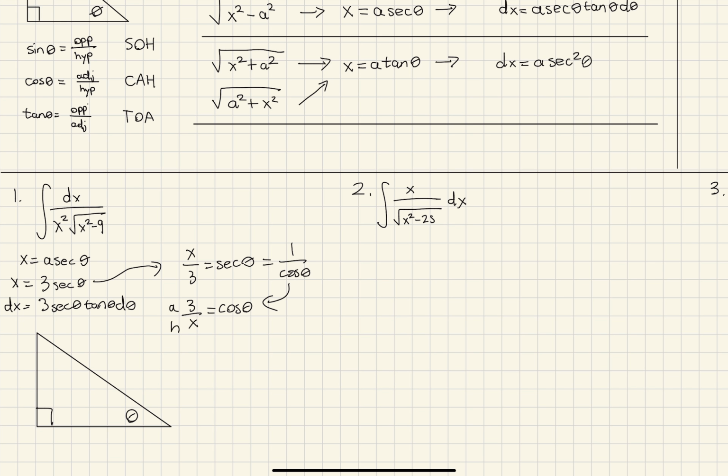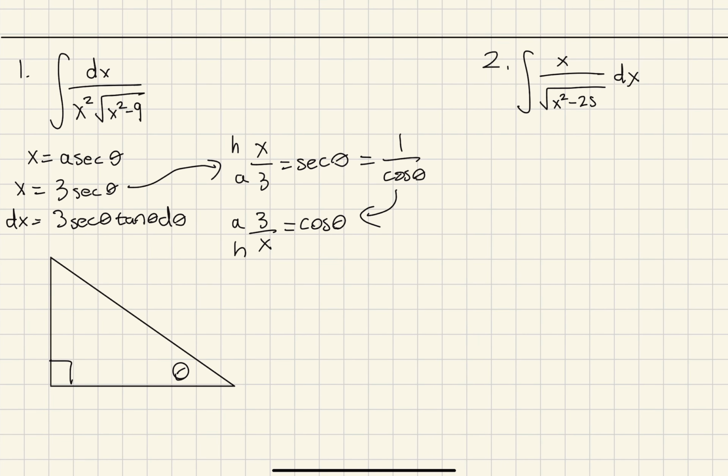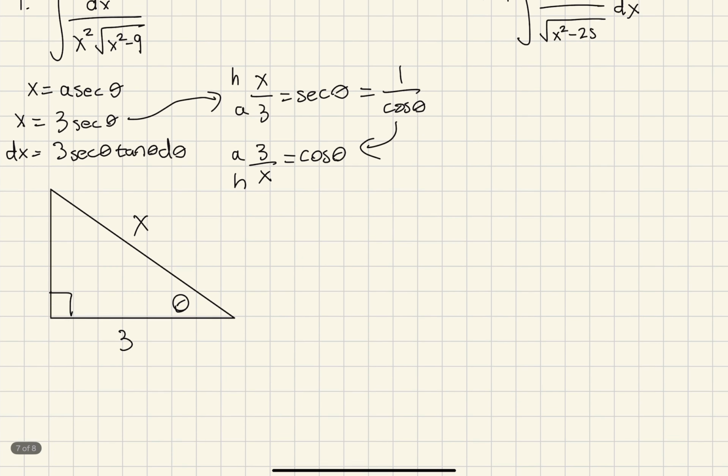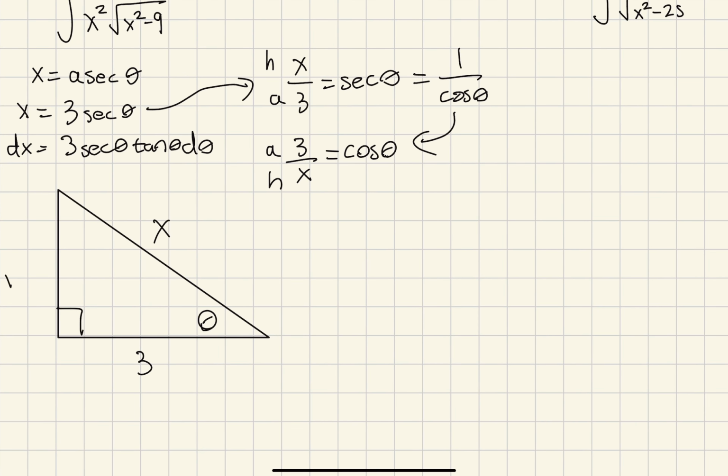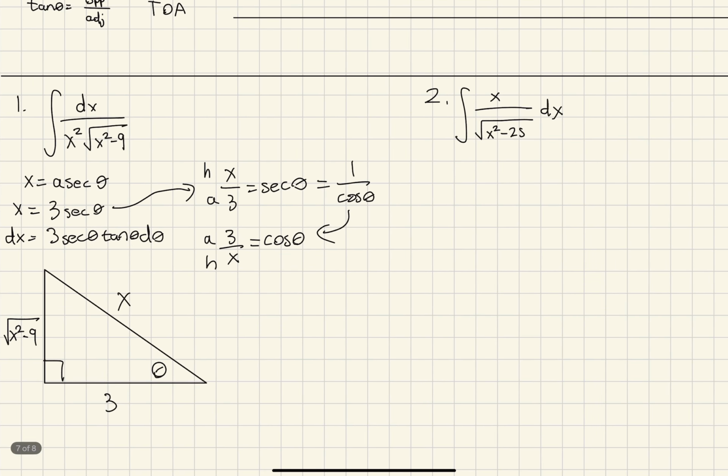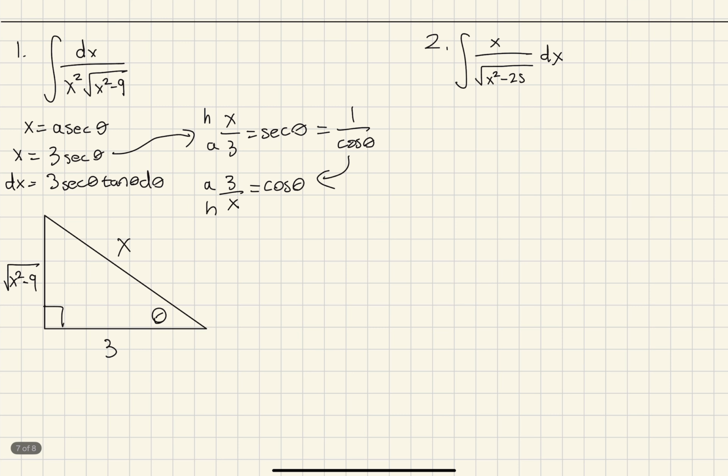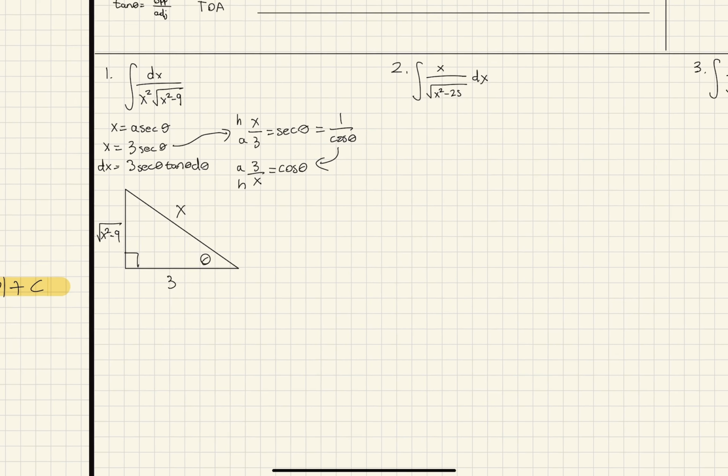That means for the secant value, this would be the hypotenuse, this would be the adjacent. So to label this, the adjacent value would be 3, and the hypotenuse would be x. And that means doing the Pythagorean theorem, we would get the square root of x squared minus 9. So we have this resub right triangle to refer to after we have done the integral.